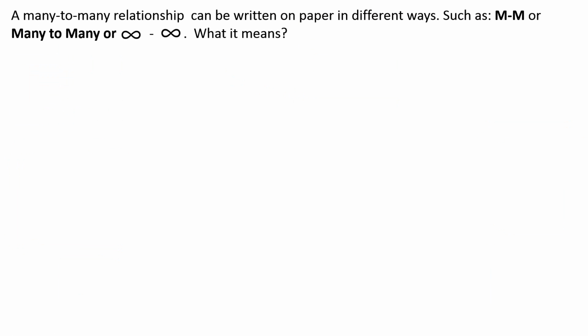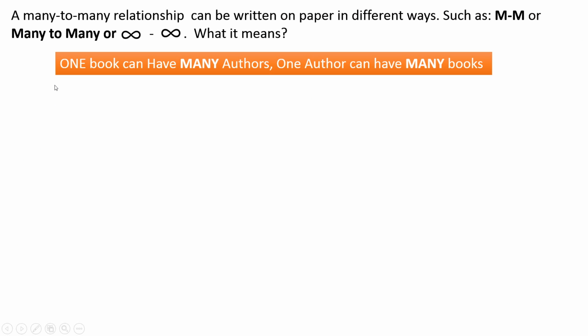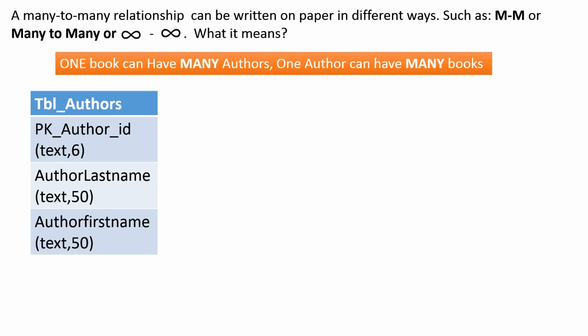A many-to-many relationship can be written on paper in different ways, such as MM, or many-to-many, or infinity-to-infinity. Many-to-many relationship is similar to one-to-many relationship, but a little bit different. One book can have many authors, for example, and one author can have many books.